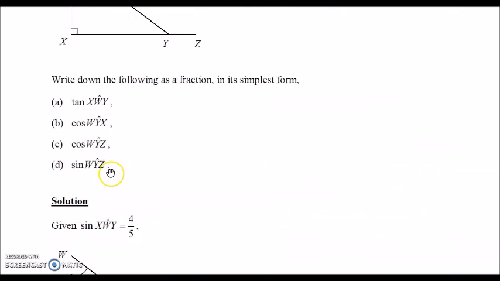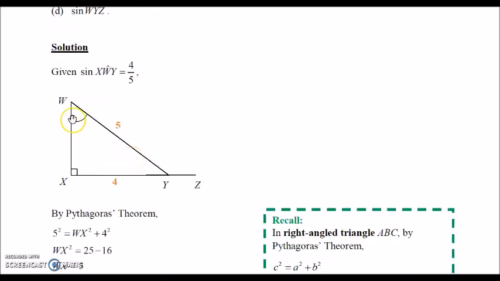For part B, I need to write down as a fraction in its simplest form cosine angle WYX. WYX, let's take a look. This angle here, I'll need a cosine. With respect to this angle, for cosine, which is CAH, I'll need my adjacent and my hypotenuse.